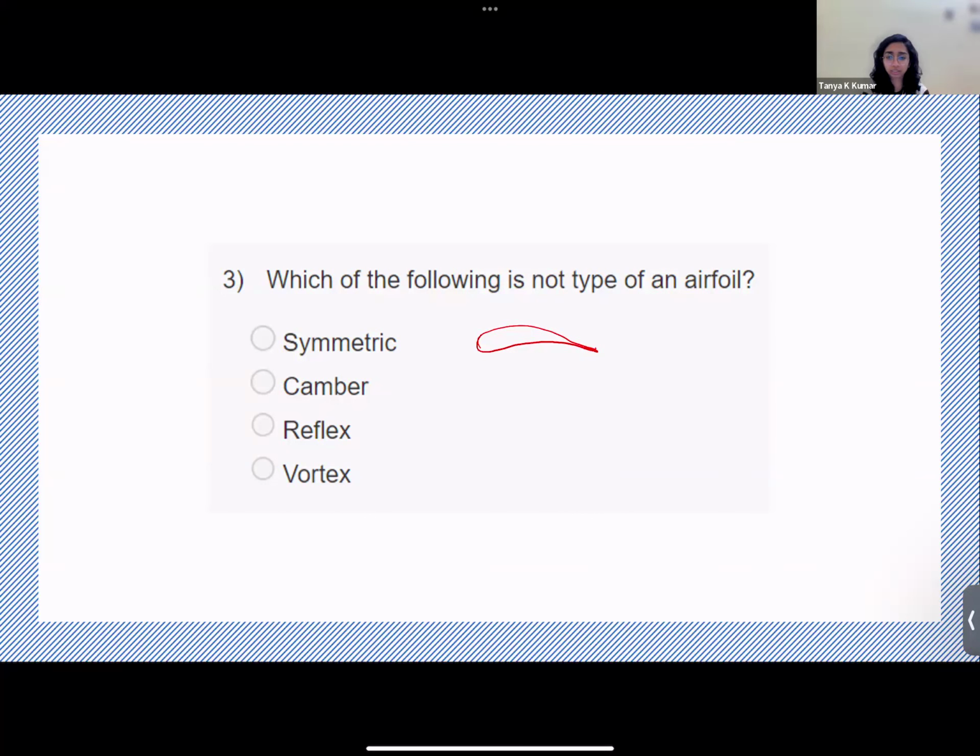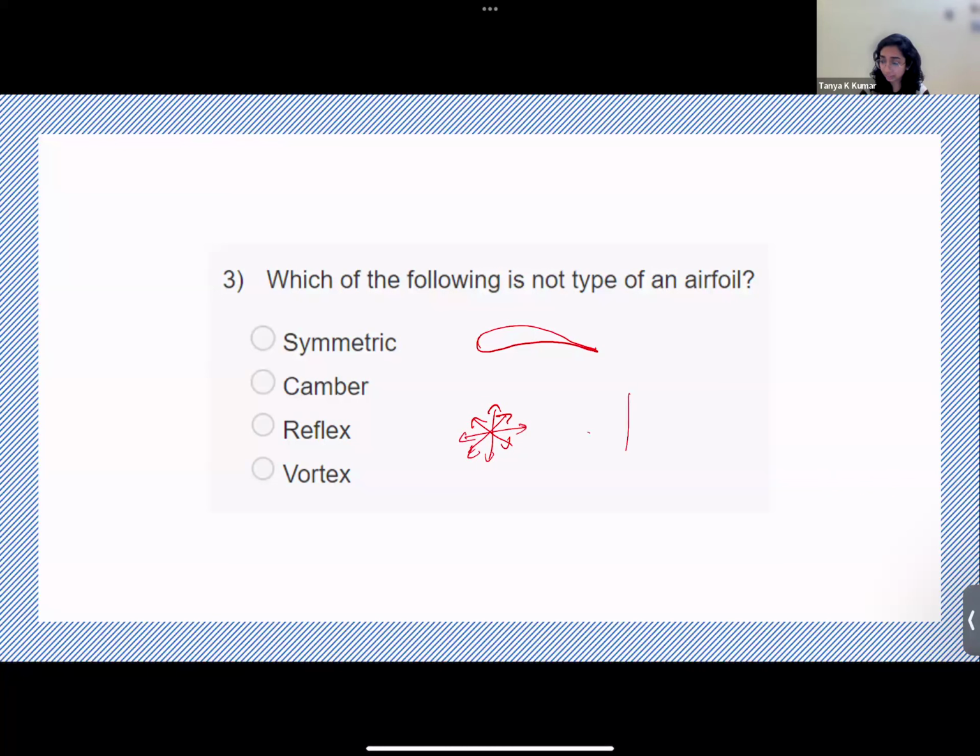What is vortex? Have you heard of source, where the flow all originates from one point?